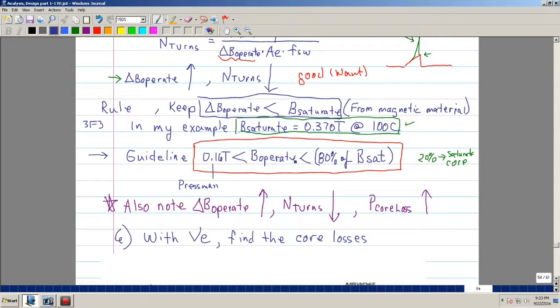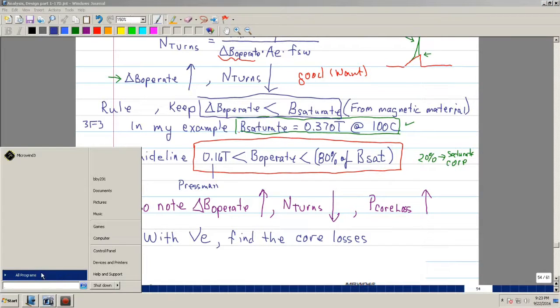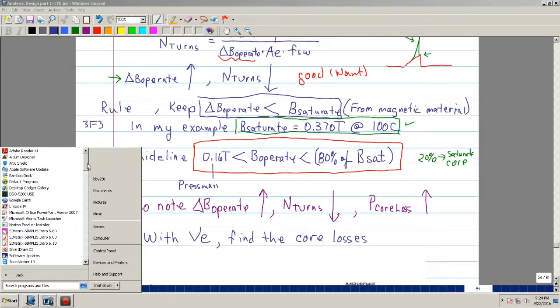Okay? And you can go up to 80% of BSAT. As long as you stay within that range, you should be fine.